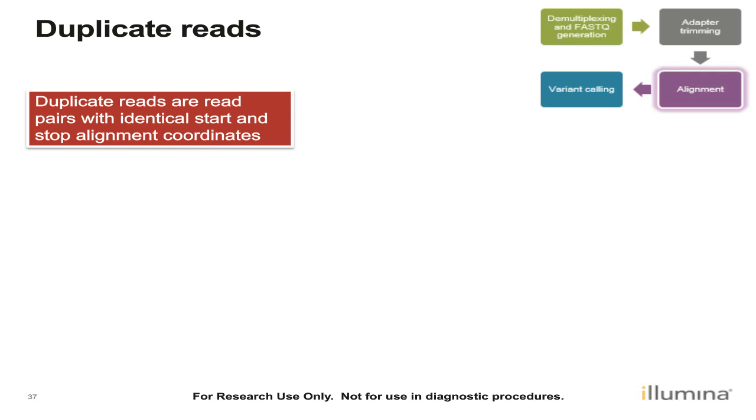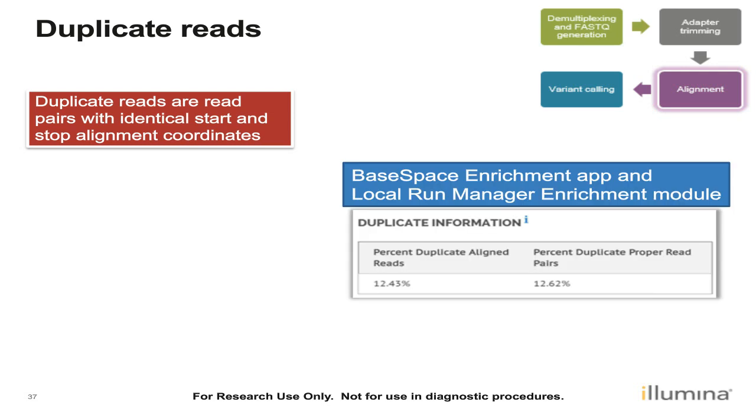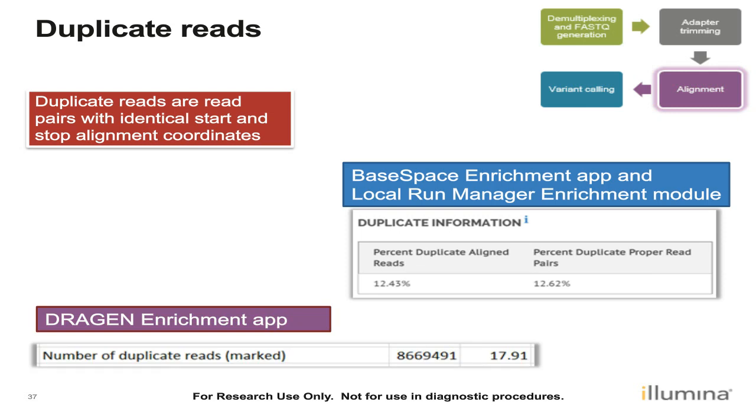And both of these applications will identify duplicate percent reads. So here we have an example from the BaseSpace and Local Run Manager enrichment app, and about 12.5% of our reads were flagged as duplicates. And in an example from DRAGEN, just under 18% were found to be duplicates.